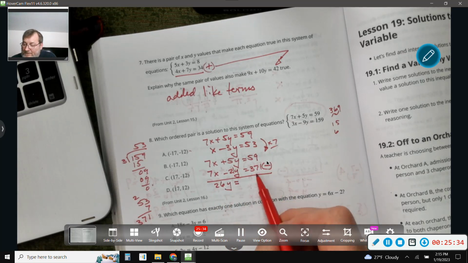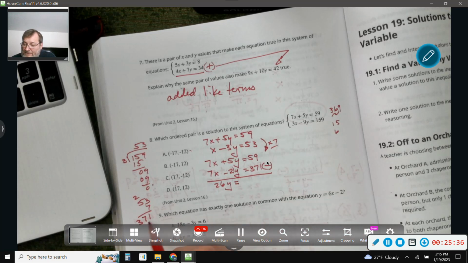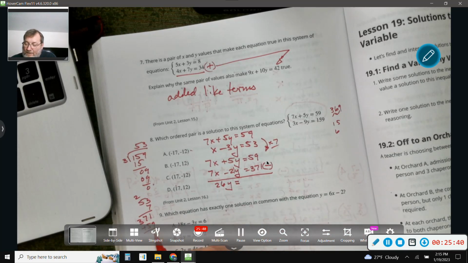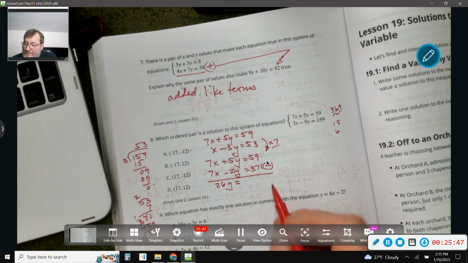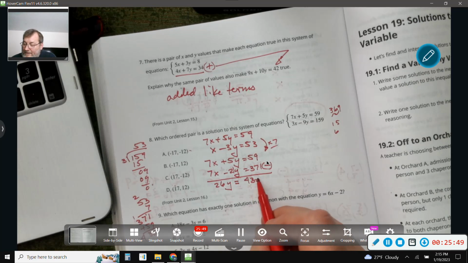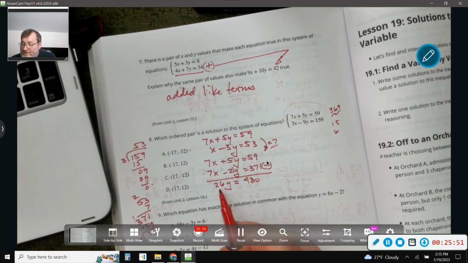And 59 plus 371, let's add: 9 and 1 is 10, carry the 1. 5 and 7 is 12, 13, carry the 1. And that's 430. It equals 430. Well, how many times does 26 go into 430? I have to divide both sides by 26.